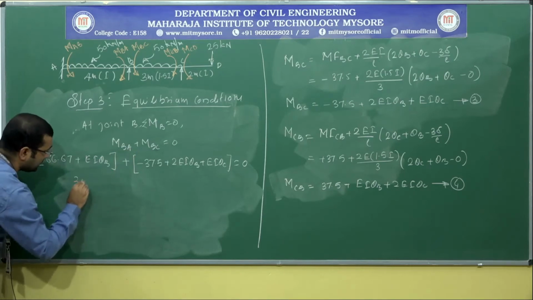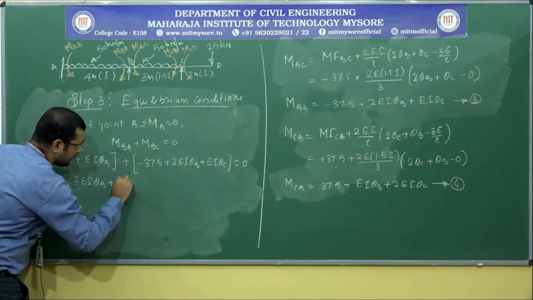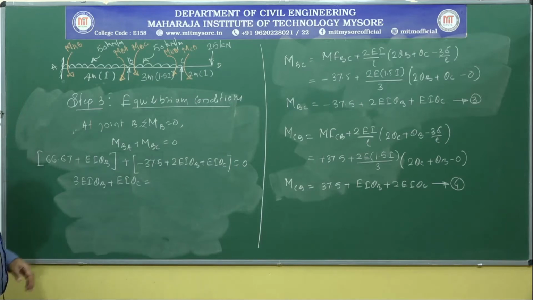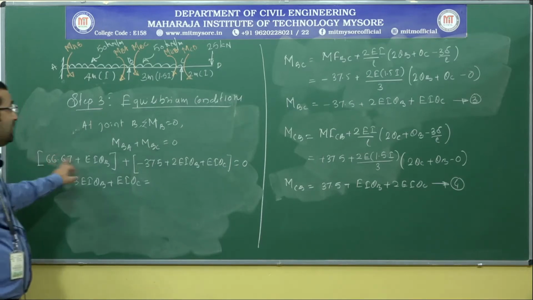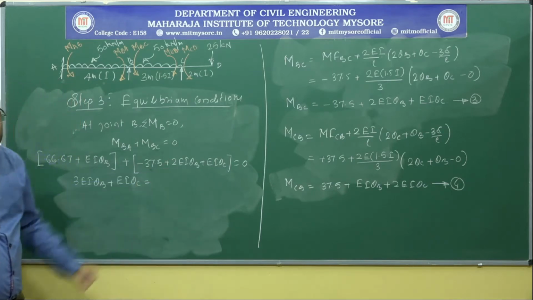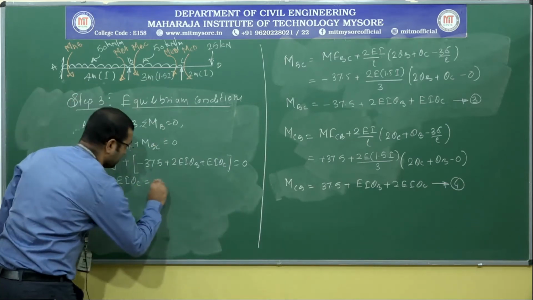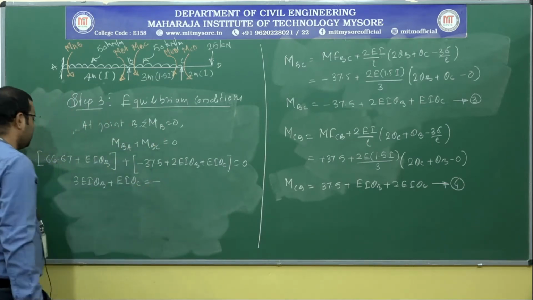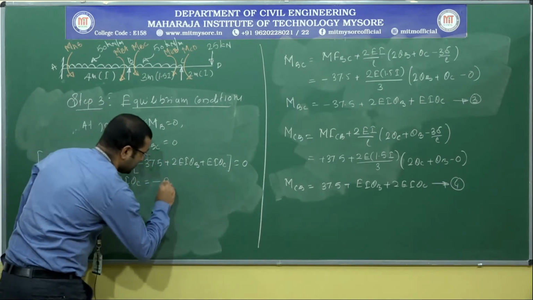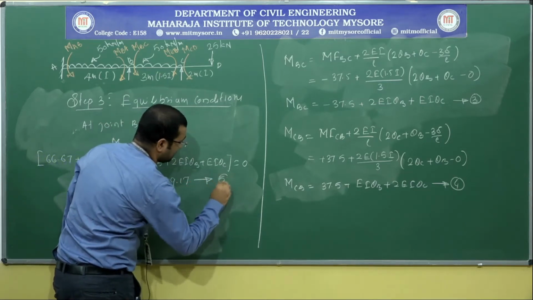So totally it will be 3 EI theta B plus 1 times EI theta C, which equals 66.67 minus 37.5, which yields minus 29.17. If I take it to the other side, it will be minus 29.17. So let us call this equation number 5.